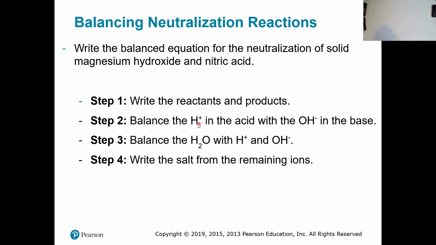You have to have the same number of hydrogens in your acid as there are hydroxides in your base. Once those numbers are the same, you're going to be able to balance out your water molecules to make them match up how many hydrogens and hydroxides you have. And then whatever salt forms you can write from the ions that are left.